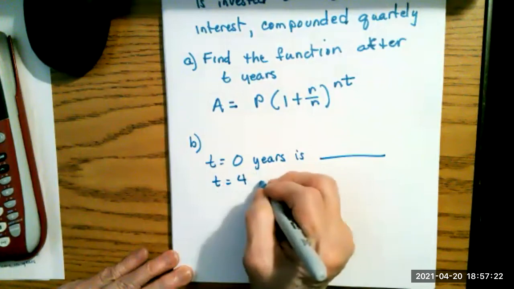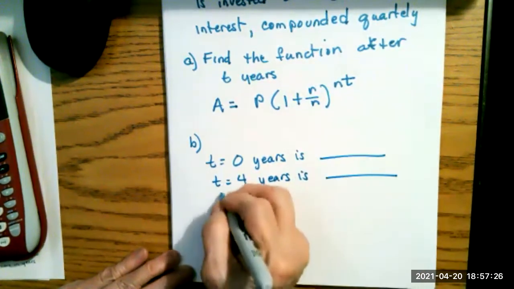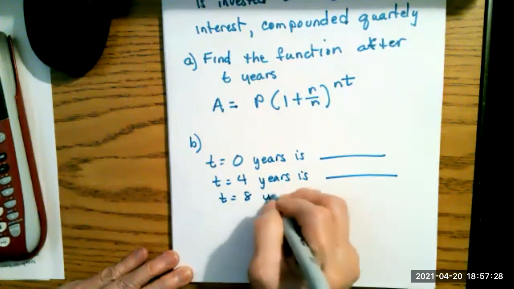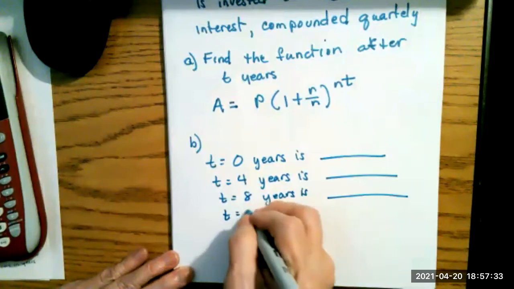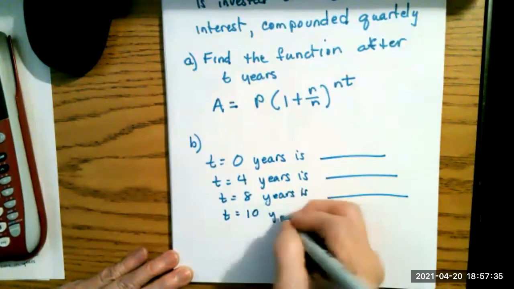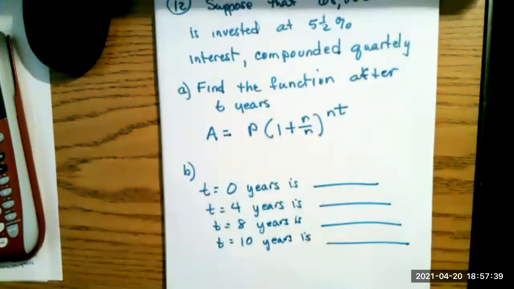We're going to do 0 years, 4 years, 8 years, and 10 years. All right, so we've got to figure out what values go in there.